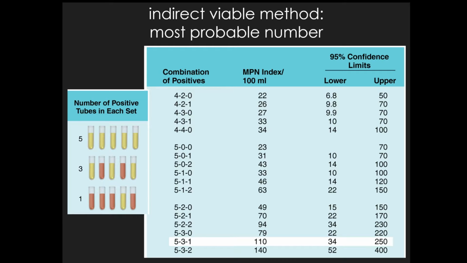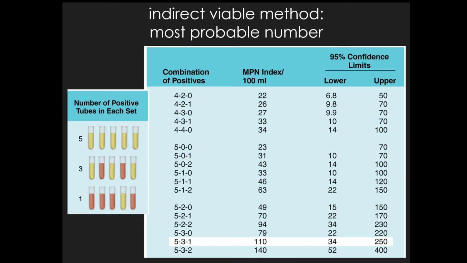So the MPN has something called a 95% confidence limit that's reported along with the most probable number. And notice for the code 531, the most probable number is 110. But if you want to be 95% sure that you actually have the right number, you have to say it's somewhere between 34 and 250 cells.